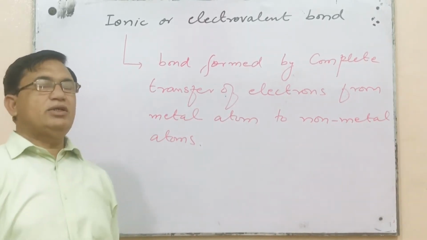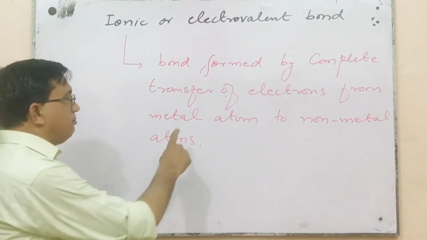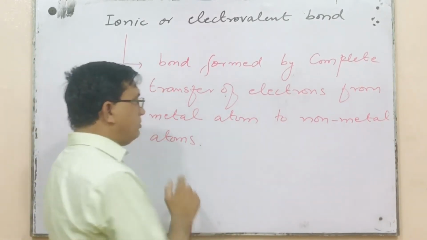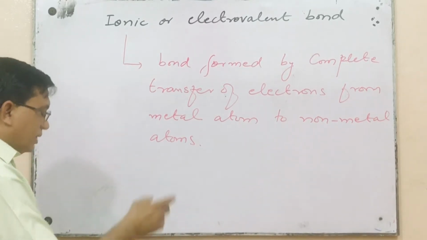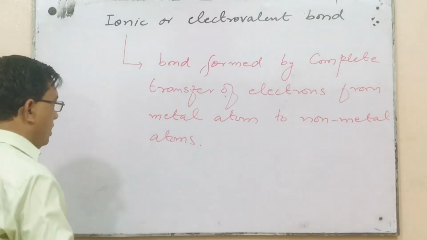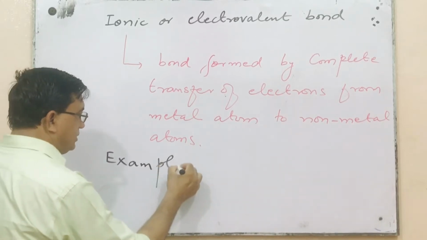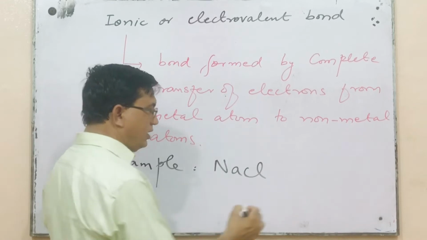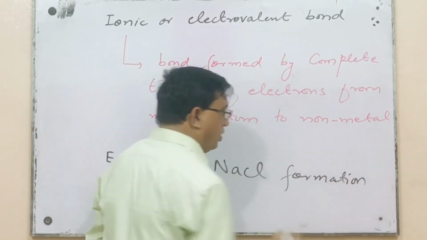In the previous lecture we have already discussed that metal atoms lose electron and non-metal atoms gain electron. Whenever a metal atom loses electron, for example, NaCl formation. How does this take place?